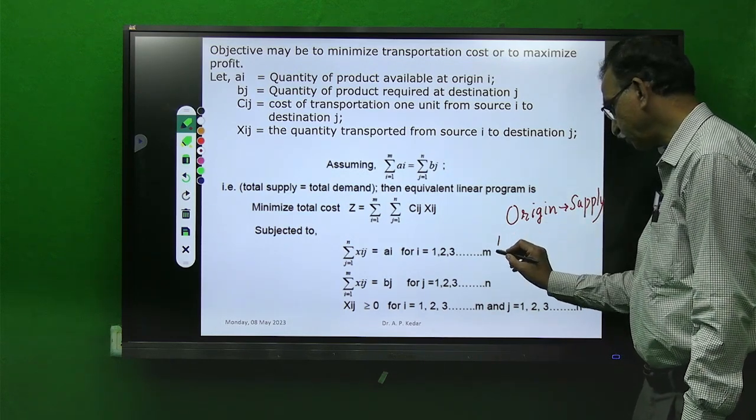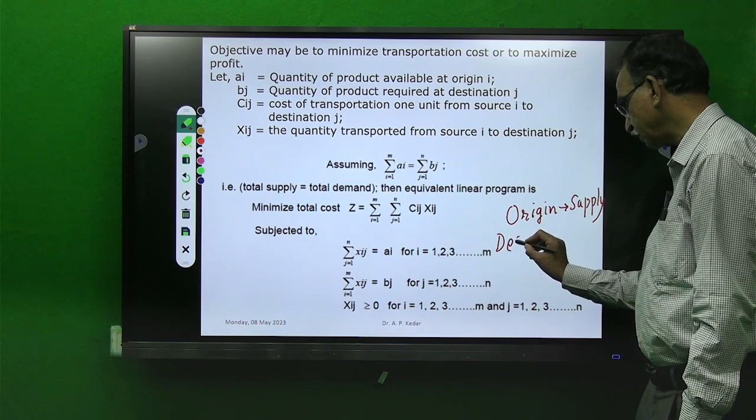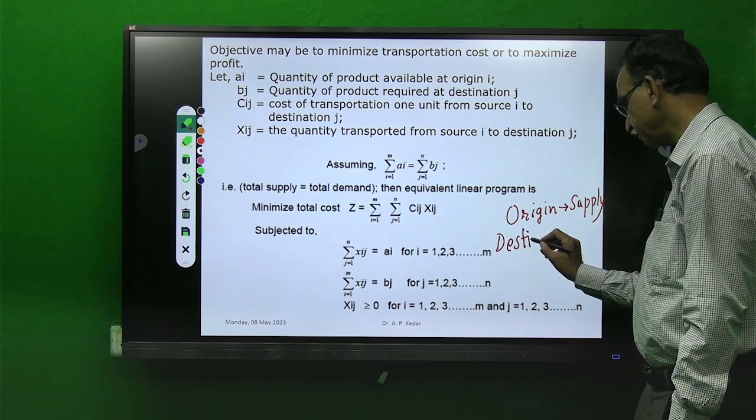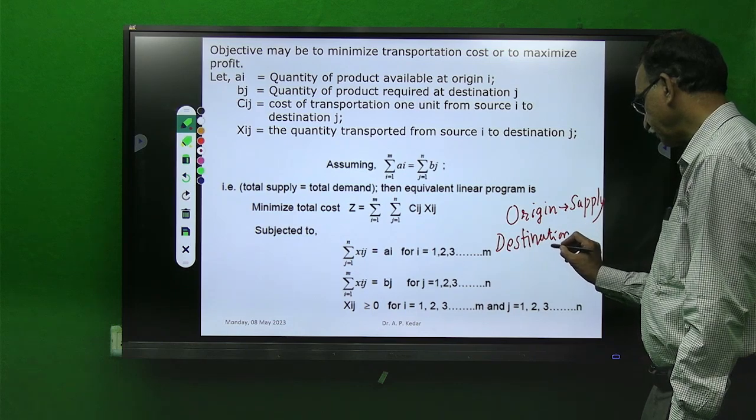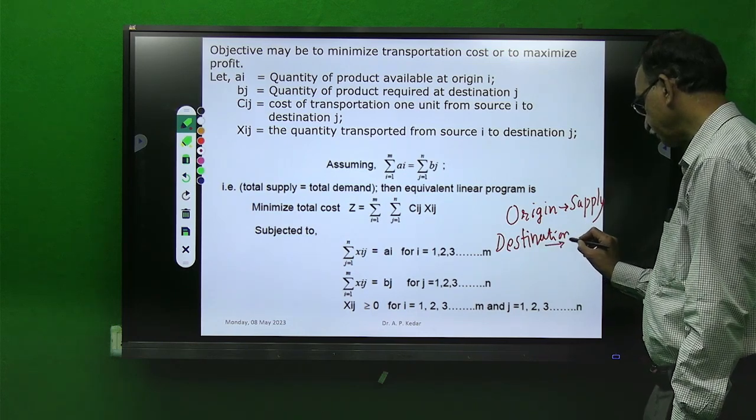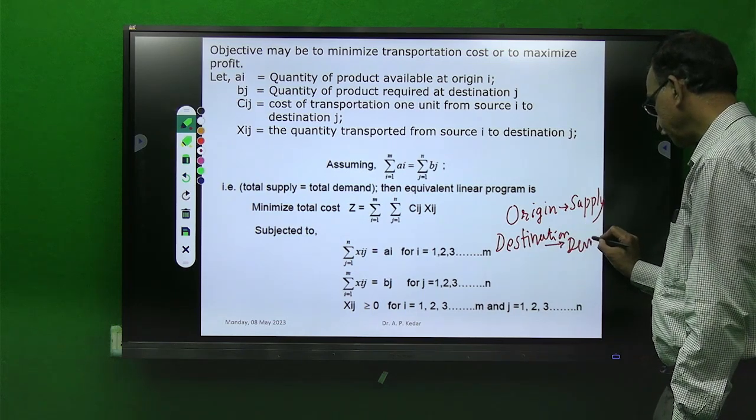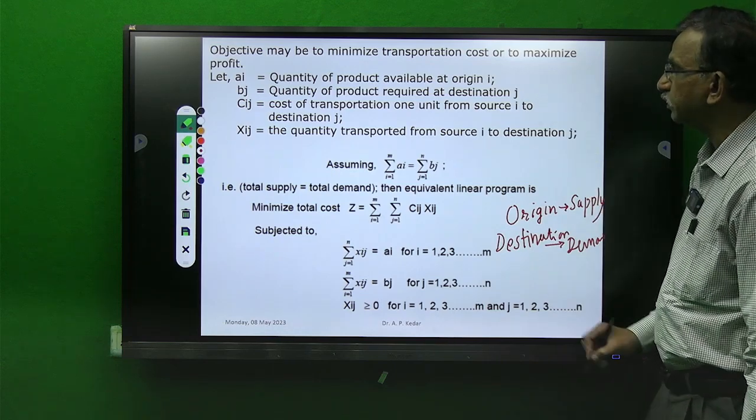Then we have studied one word, destination. So definitely this destination will demand. Now we'll see these variables.